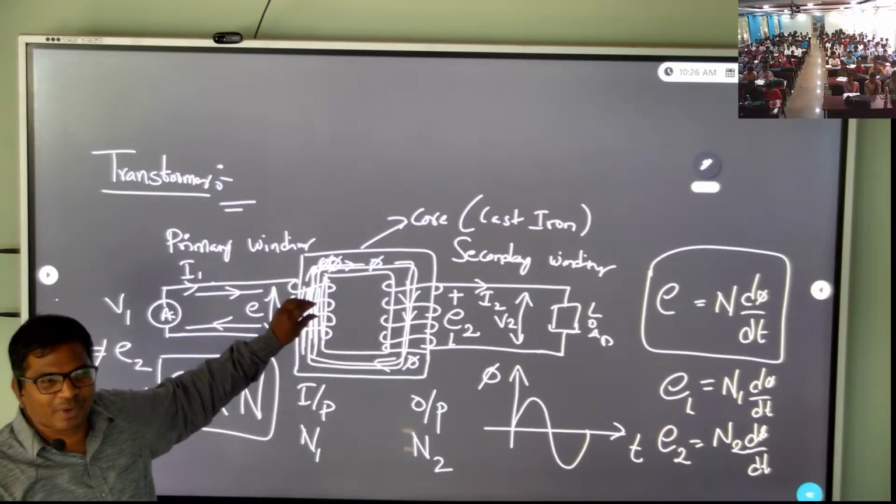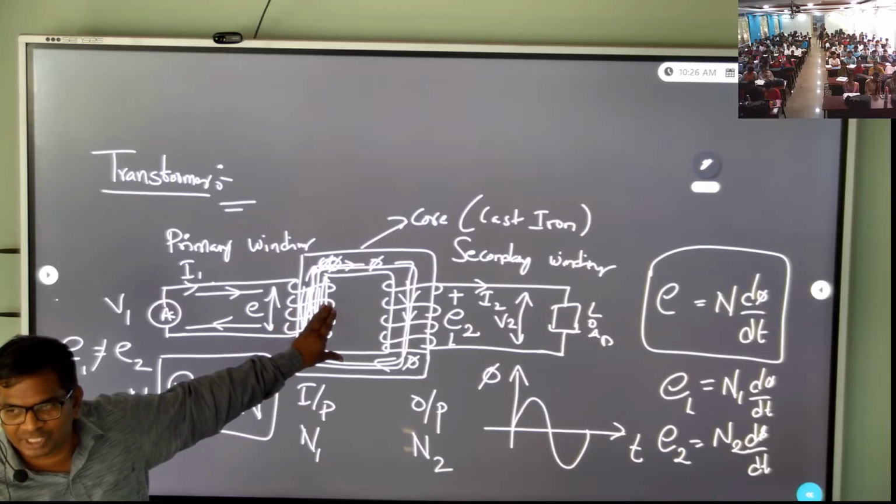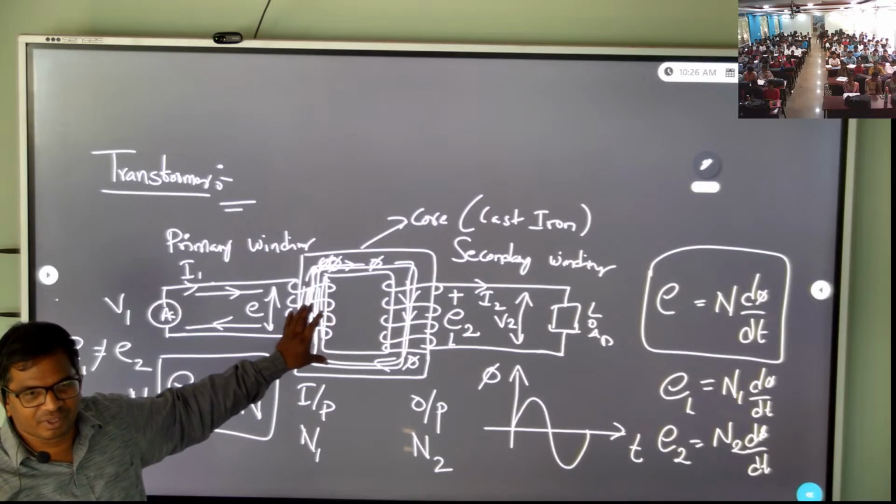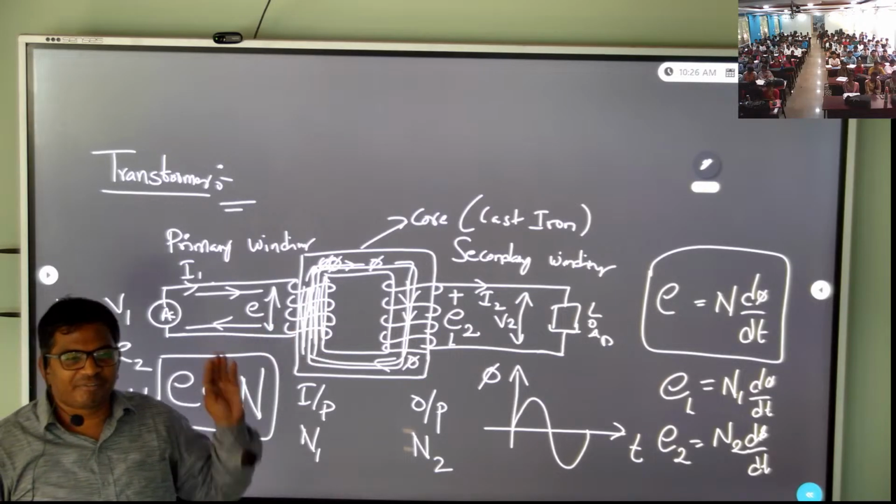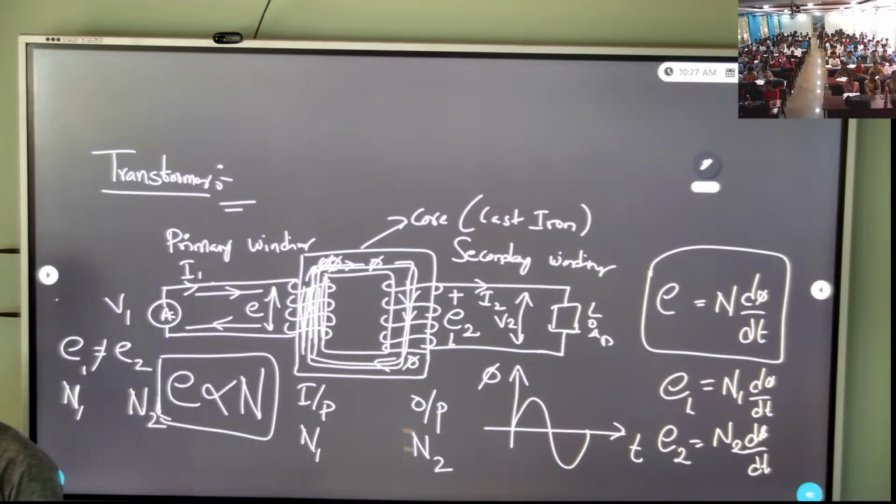For the primary winding, for 230 volts, we are having more turns. So the value of induced voltage in the primary as well as secondary depends upon the number of turns. If you wind more turns, more induced EMF. If fewer turns, less induced EMF.